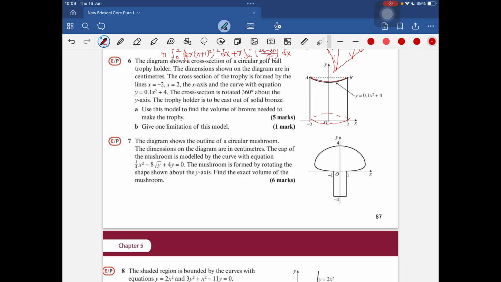So anyway, use this model to find the volume of bronze needed to make the trophy. So, the limitation of this model. Because this is about the y-axis, the formula is pi integral x squared dy. So x squared is (y minus 4) over 0.1.